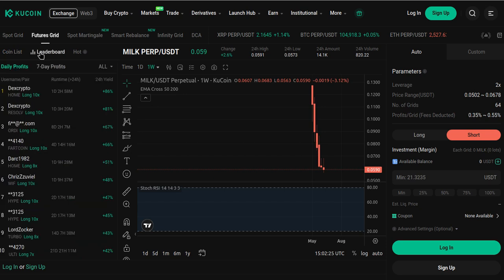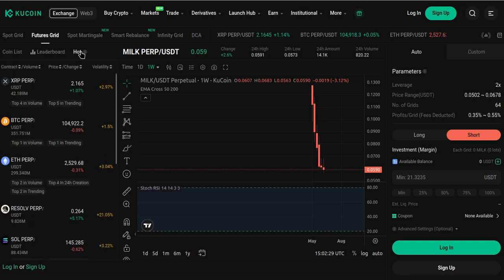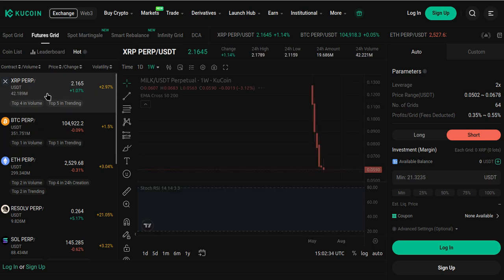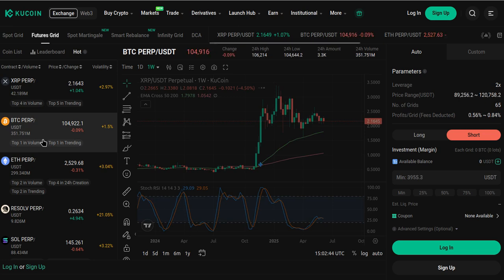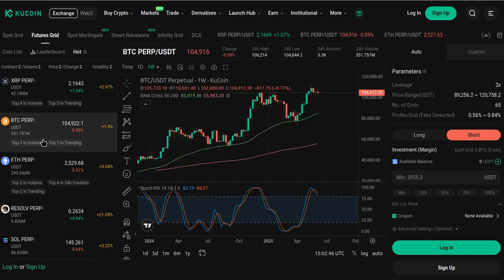Let's see what you have on the leaderboard. Oh, not the leaderboard, what's hot. Okay, we have XRP. Again, I think XRP is in the middle because I don't see any direction as of yet.